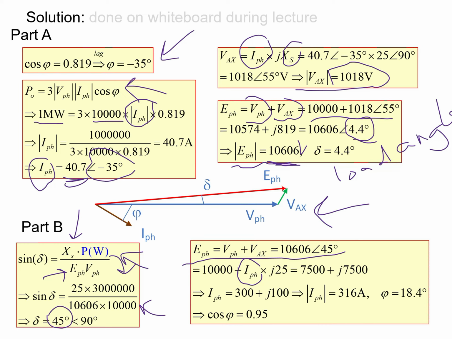We plug in the parameters, and in this case we will get the new magnitude for the current as well as the new power factor. So if we have the angle of the current, we can get the new power factor as 0.95. And this ends the solution for this question.